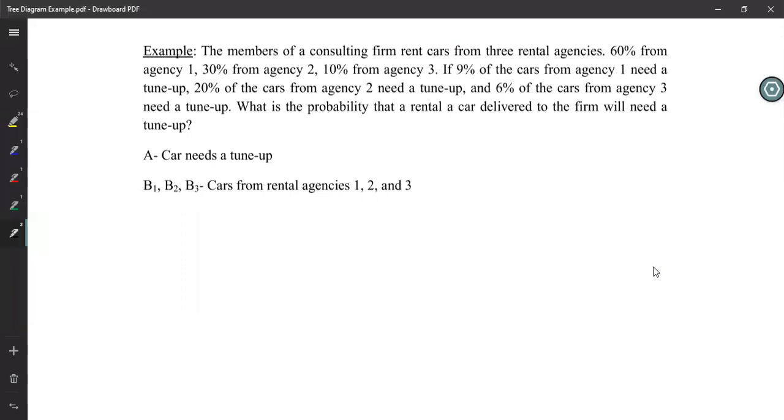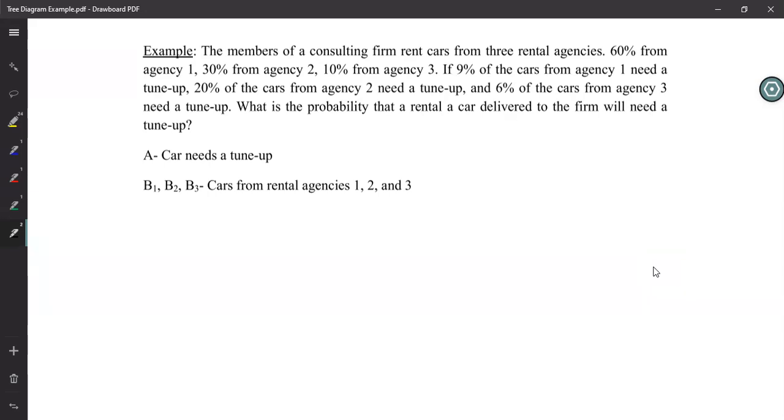Okay, the first thing you have to figure out is what is the first level. So there are two events that we are talking about. One is you rent the car from a certain agency, and the other one is whether you need a tune-up or not. Now, what is the depending event here?